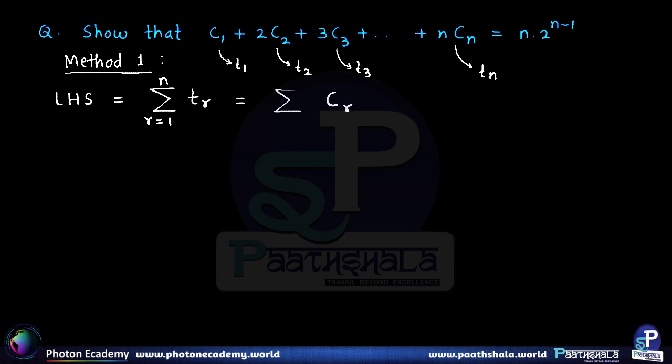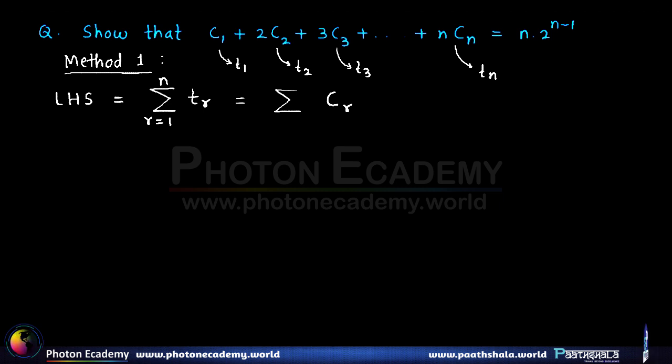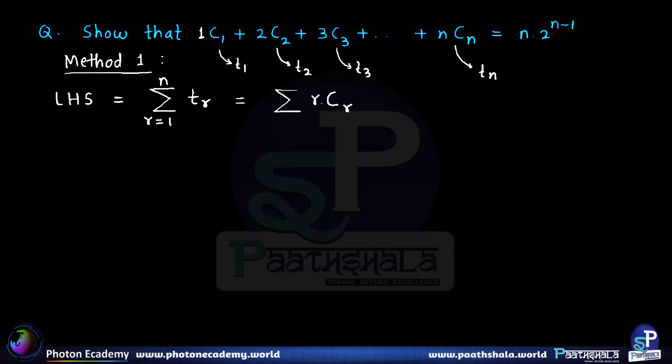So if we are having term R, then it will have CR as the binomial coefficient, as well as there will be the multiplier also, that is 1 C1, 2 C2. So the multiplier is also same as the term number. So each term is nothing but RCR, which is evident from the LHS. And we have the summation from R equal to 1 to n.